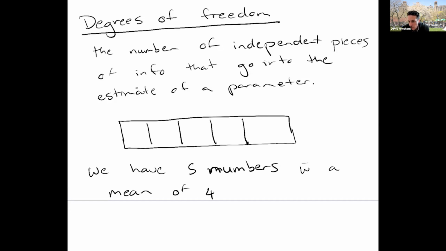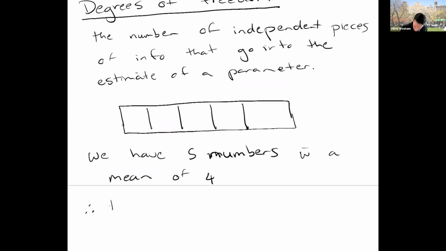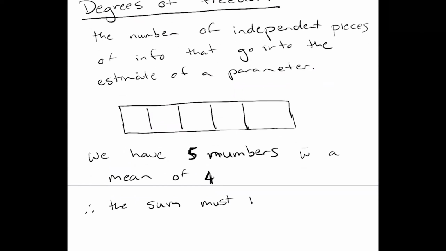If we know that, then we must know what the sum of the data is. What is the sum? We have 5 numbers. They have a mean of 4. Therefore, the sum of those 5 numbers must be, sorry? 20. 20, right? The sum must be 20.